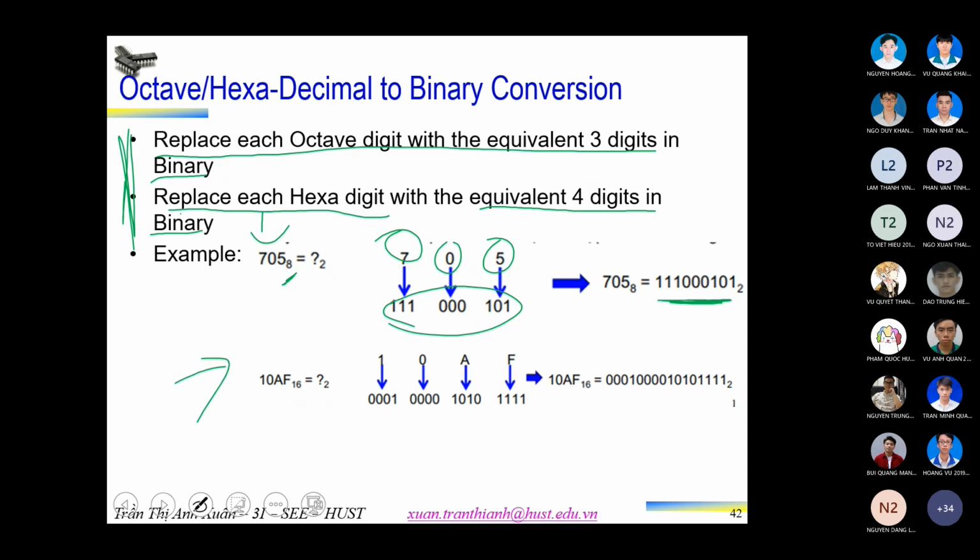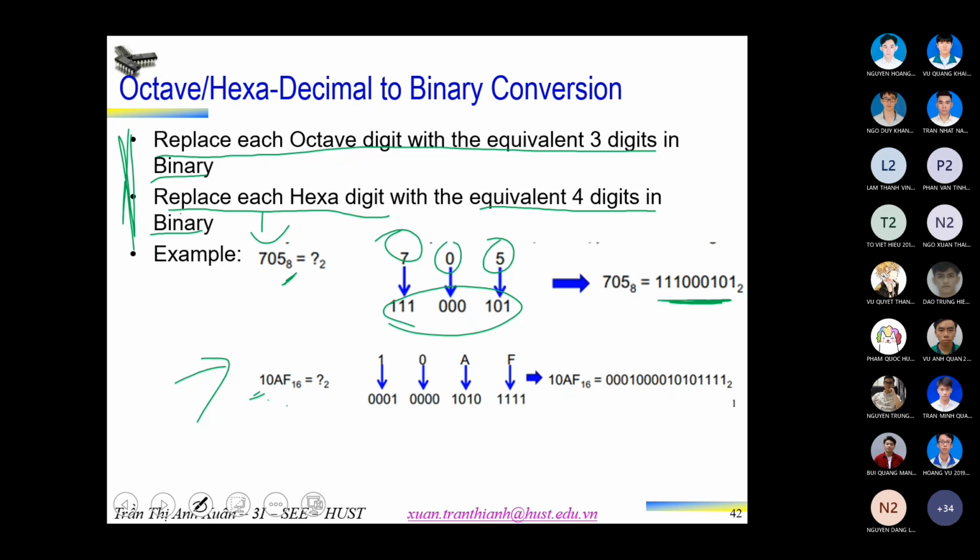Correspondingly, for the second example, we have a number in hexa base, for example 10AF.